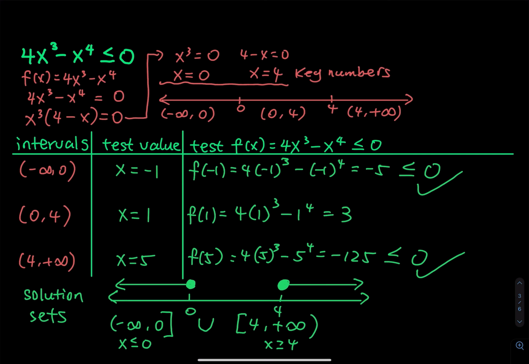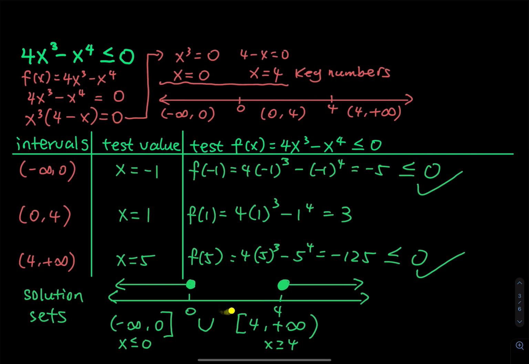What does the union mean? The union means or. What does or mean? Or means when you select an x value, the x value is either in this interval or in this interval. When you select one x value and plug it into the inequality, that x value must be from this interval or this interval.